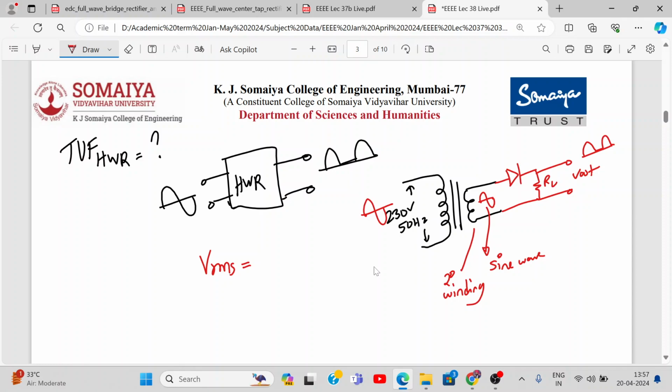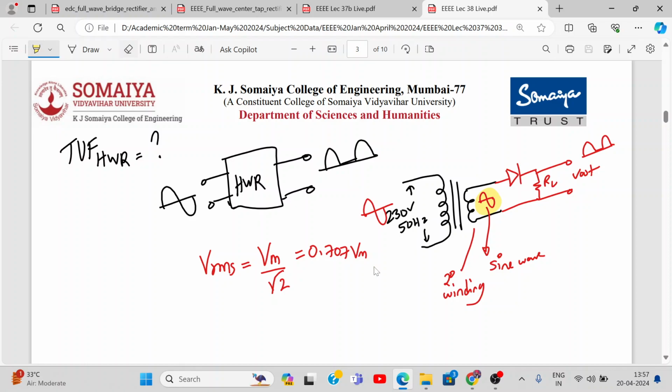So what will be the RMS value of such a sinusoidal waveform? Do you remember? It's Vm by root 2, or 0.707 times Vm. Are you following what I'm explaining? At the secondary we don't have this half wave rectified output yet.